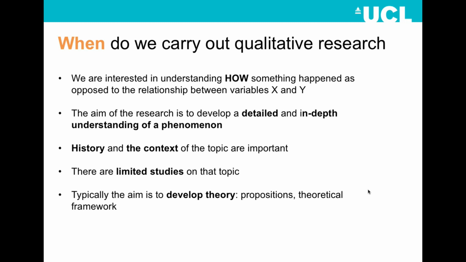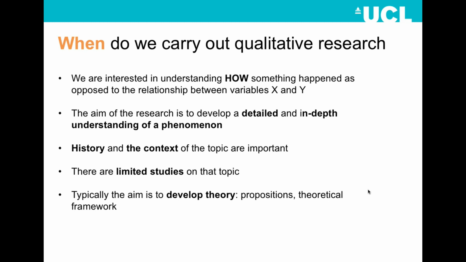Well, so now we have been explaining the main traits of qualitative research, and now the important question is, when should you carry out qualitative research? Well, we should use a qualitative approach when our objective is to understand how something is happening or how something happened.